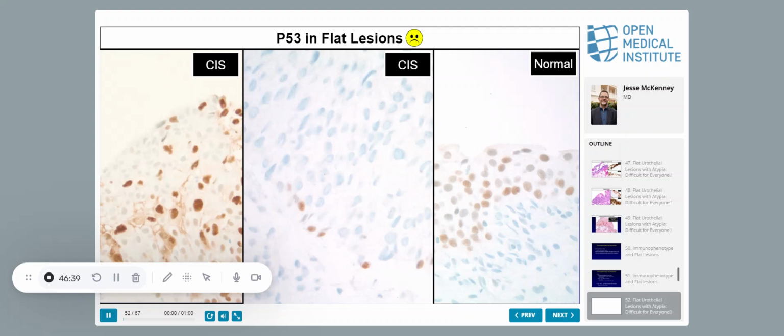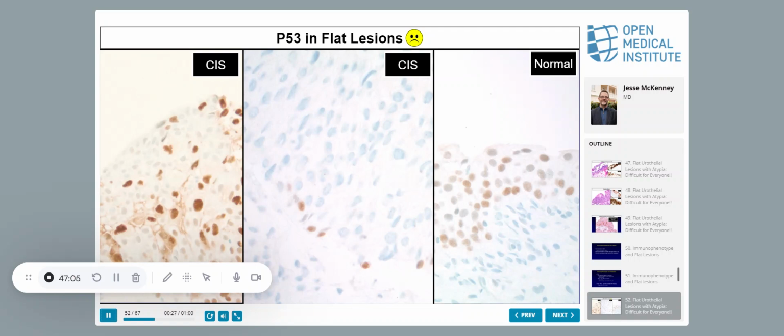So this is a CIS with P53, and you can see all these are the reactive cells. And is that a CIS cell or is that reactive? Is that a CIS cell? Probably. So this is probably overexpressed, but do you see what I'm saying? It's hard to tell whether this is wild type or not, because it's hard to tell which cells are reactive or not on these immunostains.